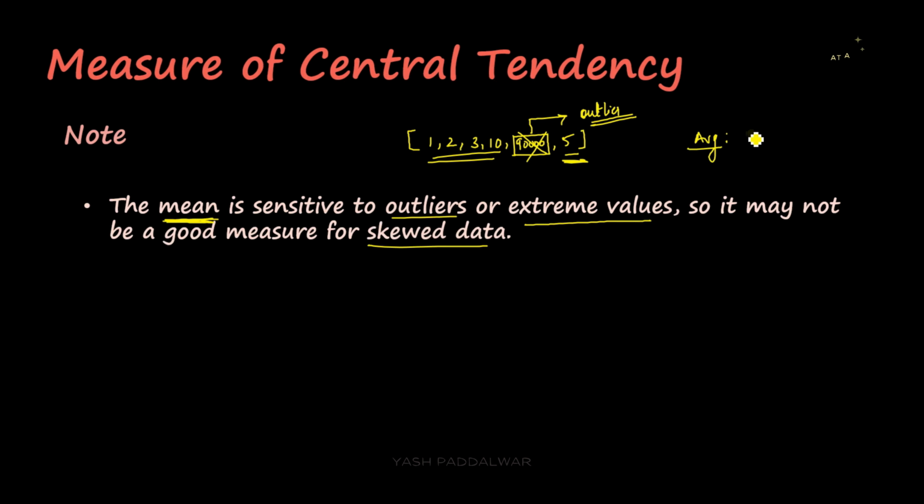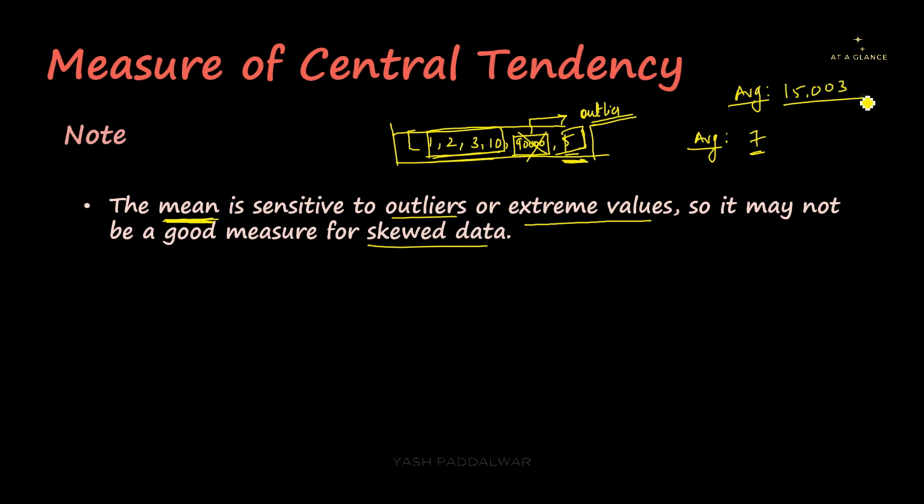Let's say the average is 7. It's not 7, I'm just taking an example. Now, if we add this outlier to the entire set and calculate the average, including 90,000 this time, it would be around 15,003.